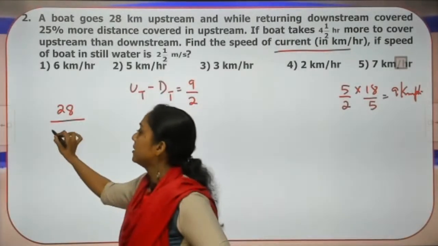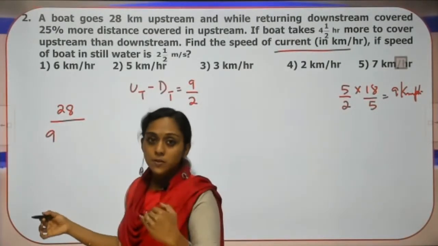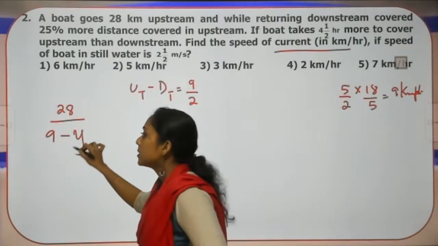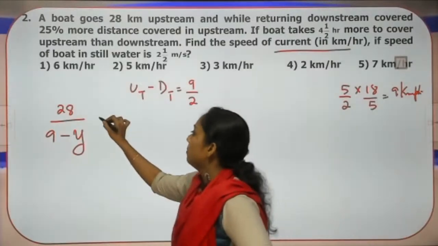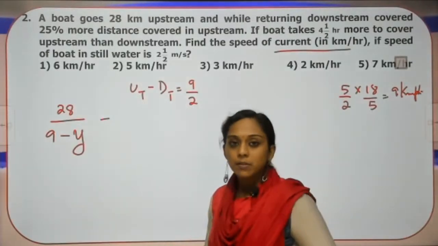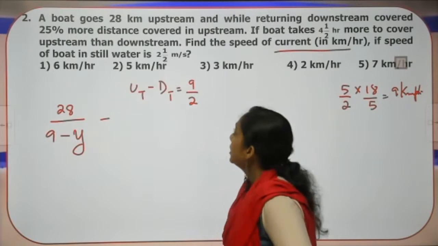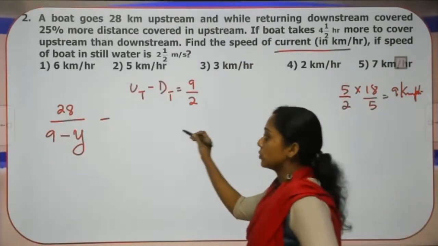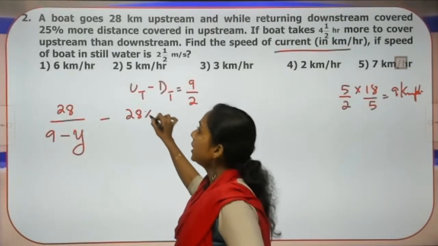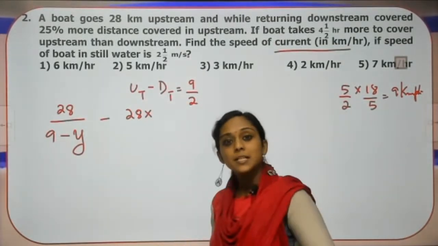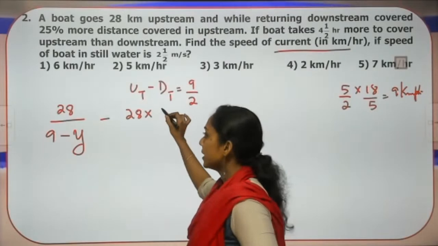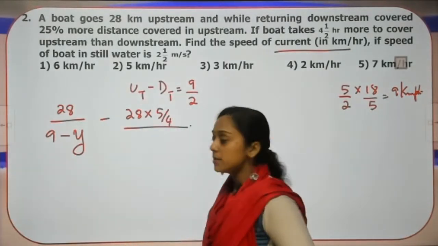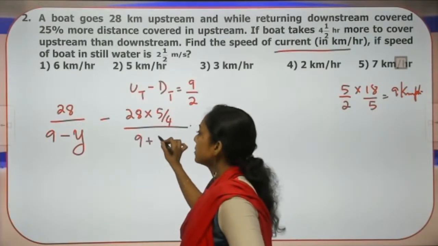So that is 9. Upstream speed is the boat's speed minus the speed of the stream. So that is 9 minus y, where y is the speed of the stream. Next, distance travelled in downstream. It is given that the downstream distance is 25% more. So that is 28 into 125/100, that is 5/4, divided by the downstream speed, which is the boat's speed plus the stream speed.